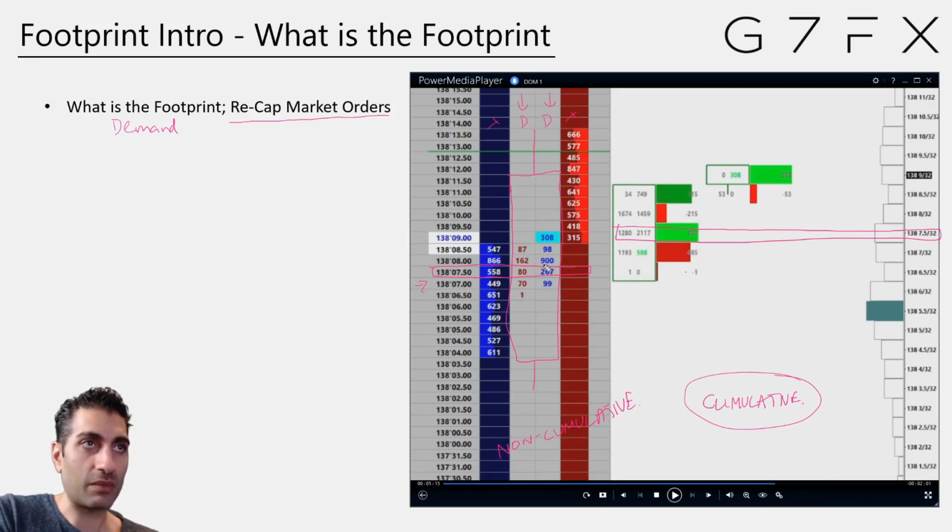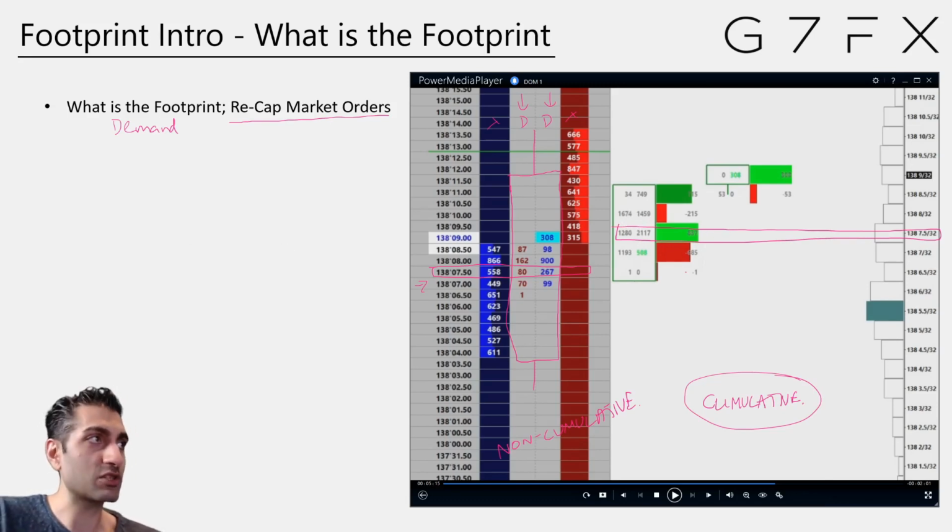If I just looked at my depth of market, it's showing me we've traded 80 on the bid side and 267 aggressive buyers at that price. Actually, the reality is, over the last 5-10 minutes, we've traded 1,280 sellers, 2,117 buyers, and it's the same over here.